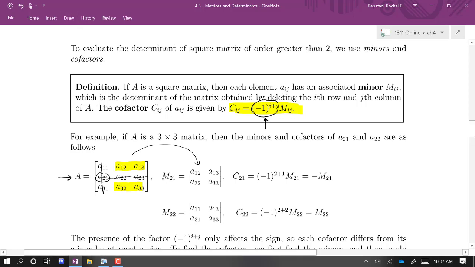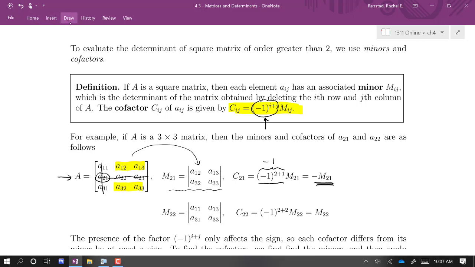So in this example where we are looking at M21, we have this minor, and its cofactor is negative 1 to the 2 plus 1. Well, that is negative 1 cubed, that's negative 1, and so we get negative M21. Whatever the value of that minor is, we change the sign.